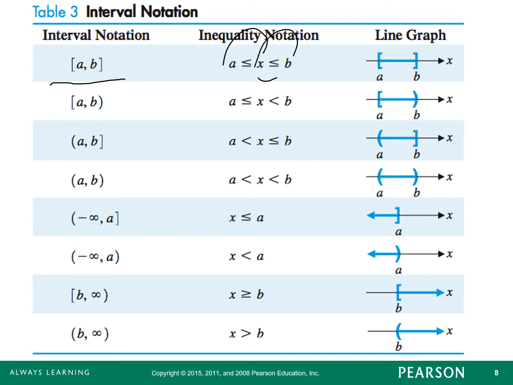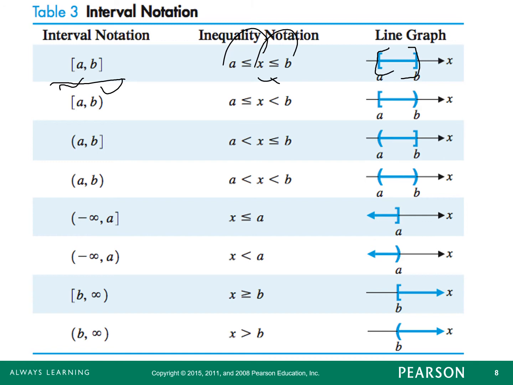So if we want to have the line graph, because it's closed from both sides, we will have both ends closed at A and B, just because we have bigger than or equal and smaller than or equal.